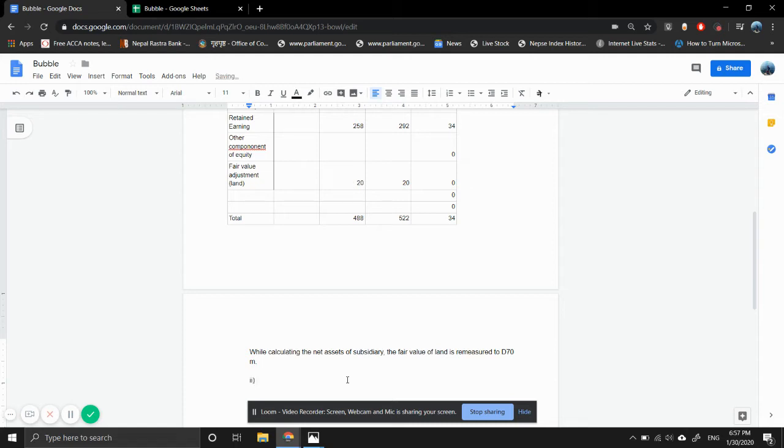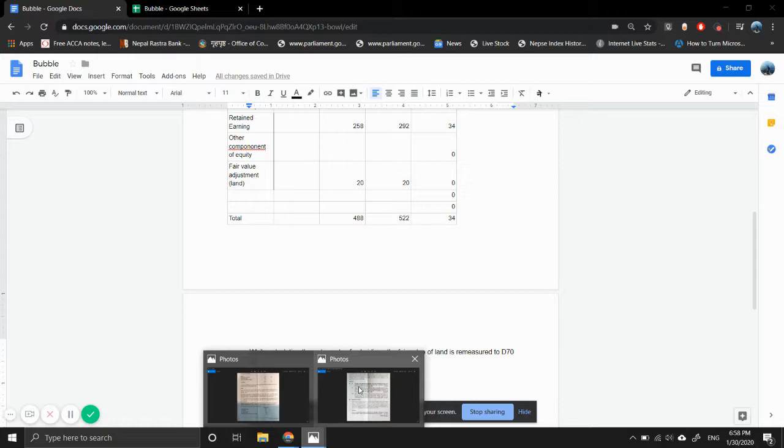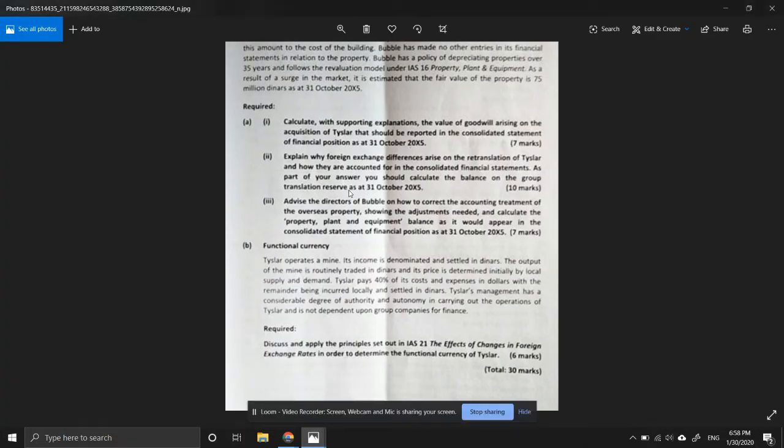Let's solve the second. Okay, so what is second? What's our second question about? So it's about why foreign exchange difference arise on retranslation of TSLR and how they should be accounted for.